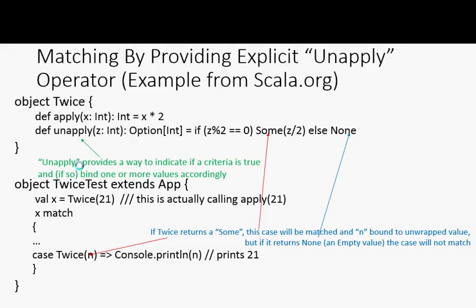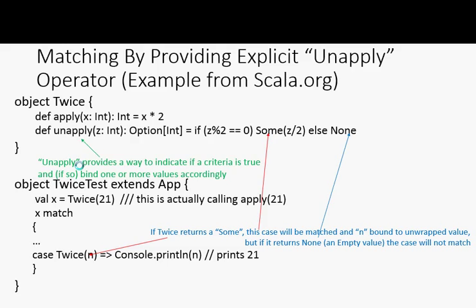Apply kind of maps general integers into even integers, and the twice unapply, this unapply of twice, given any integer, will return, if that integer is in the category of even integers, the value of which it's twice. In other words, the half of it. Otherwise, it won't match.